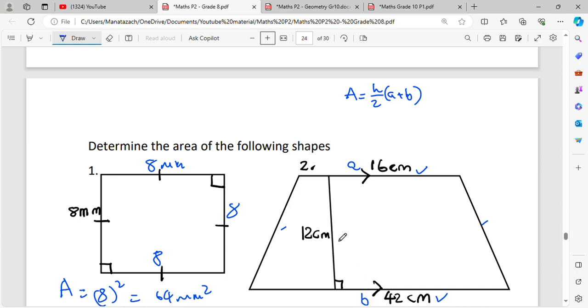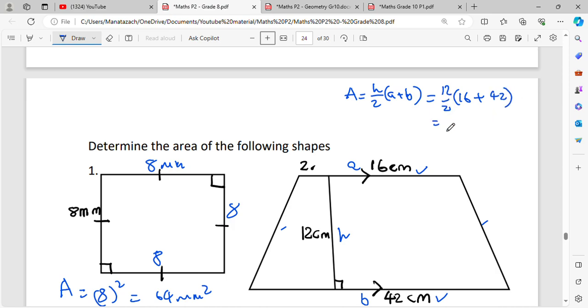So the distance between them is h. So the area h is 12. Just going to replace every number. Okay, a is going to be 16 and then b is going to be 42.